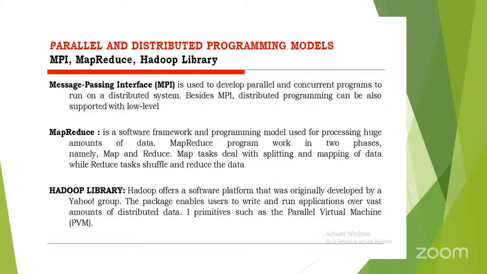This is one model developed to run on parallel or concurrent systems, where the program runs on any of the distributed systems. Besides this, MPI distributed programs can also be appropriate with low level. So this is one model of the parallel and distributed computing system to compute programs in parallel by message passing.